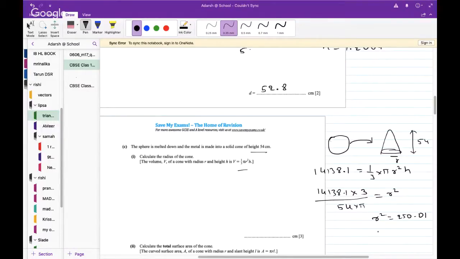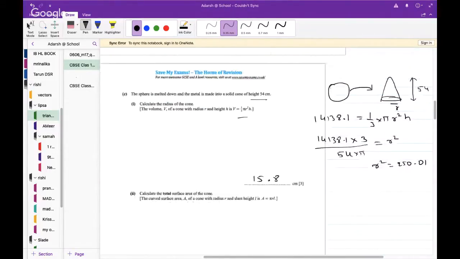So r is equal to the square root of that. So r is equal to 15.818119. So we can write this as 15.8 centimeter.